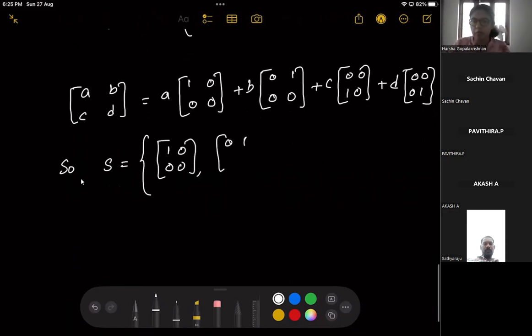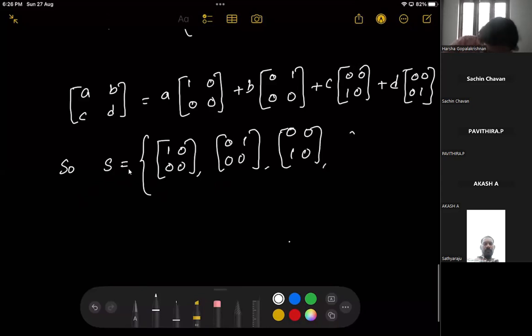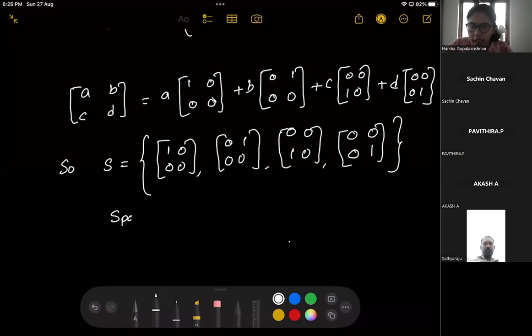I'm taking all these four matrices and writing them as the set S. First of all, this S spans our V, right? That is what we have proved here. If we take the linear combination like this, span of S equals the set of all matrices in V. Is there any doubt in this, span of S equal to V?